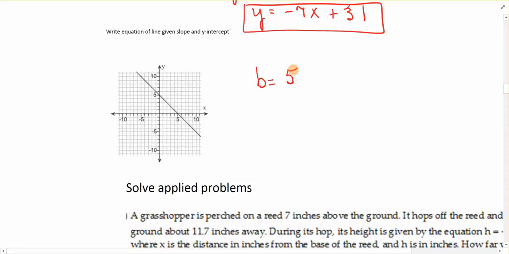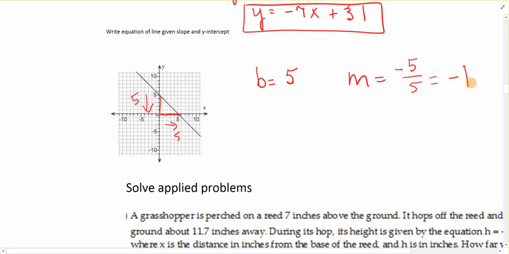And my slope, I can find by saying if I went down and over, how many did I go down? 5, and I went over 5, so my slope is -5/5 or -1. Is that right?